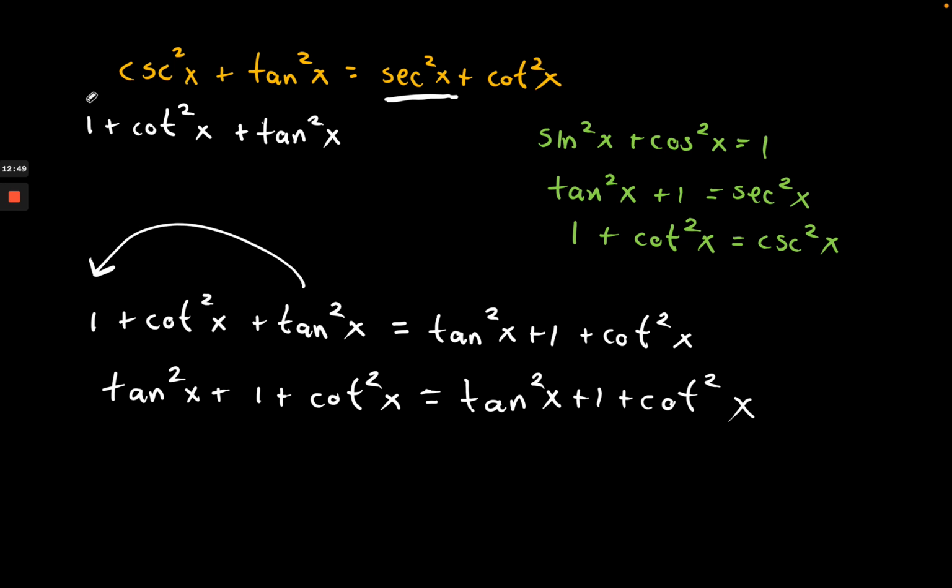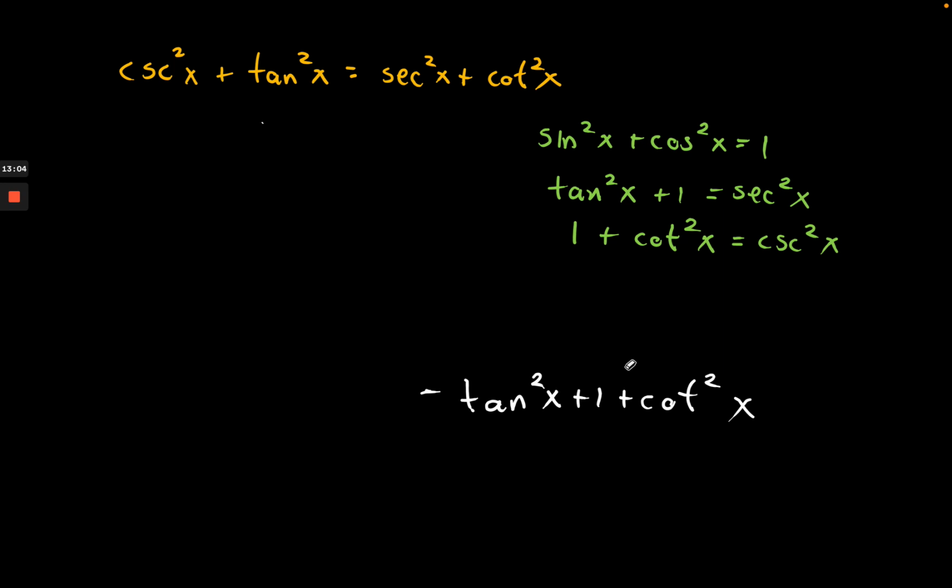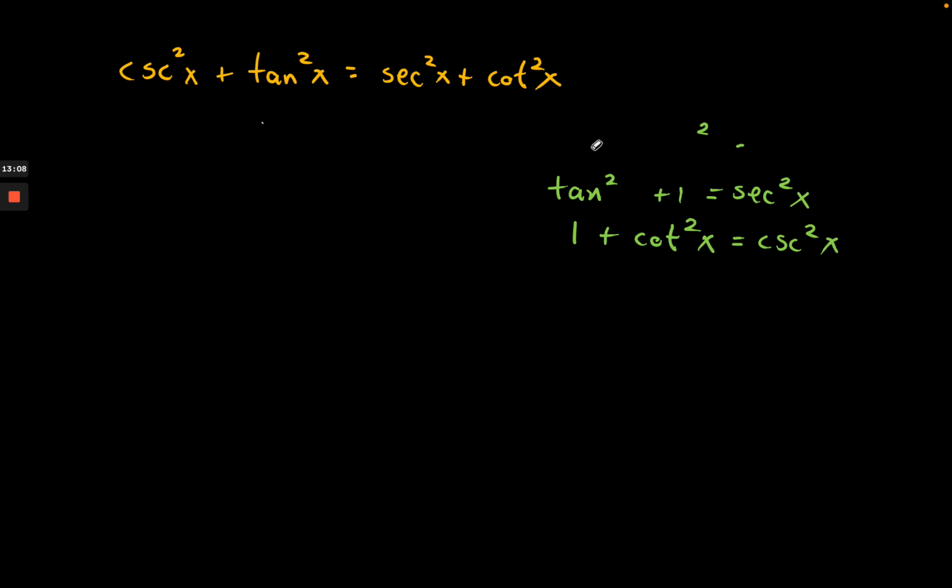Okay, let's see if we can do this using a different method instead of the Pythagorean identities, because the reality is you may miss that. It's going to take a little more work, but we should get to the same result. So what I'm going to do is get everything down to sines and cosines.